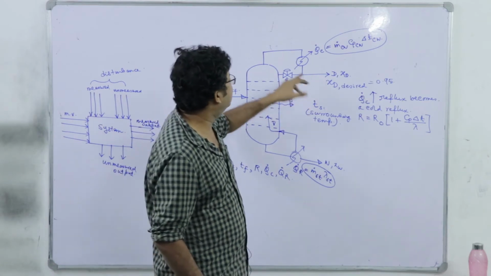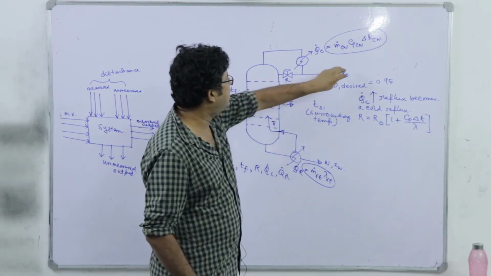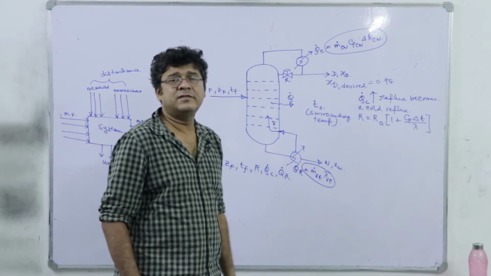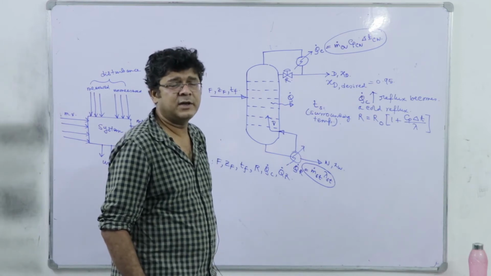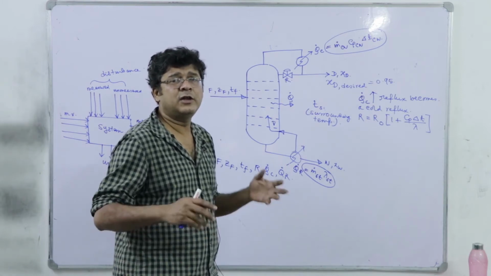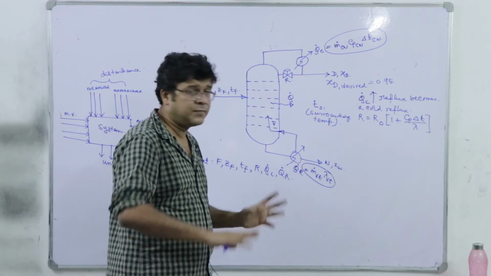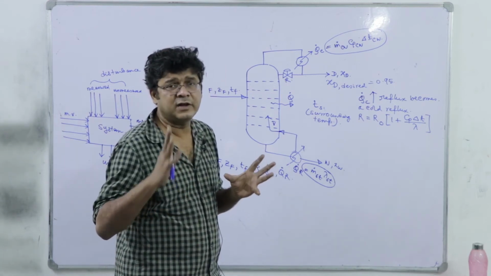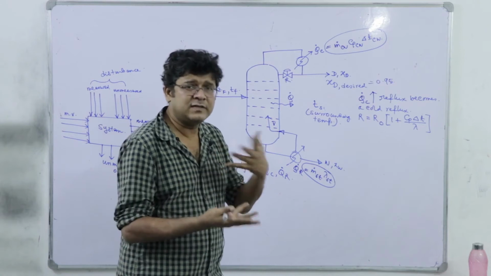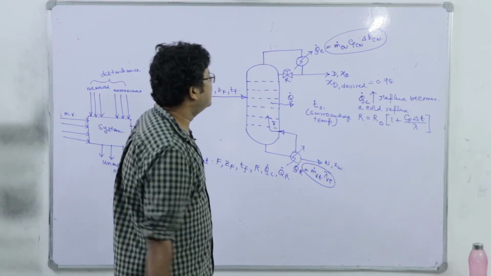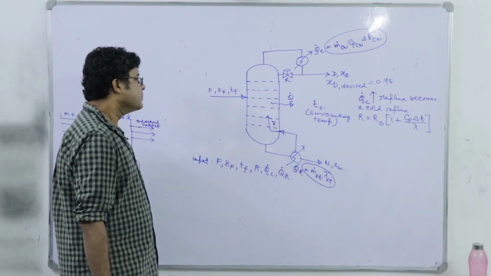Like I can say that if I increase the reflux ratio, definitely the xd is going to increase, right, because the product purity we know will be maximum under total reflux. So, from this consideration and understanding, using certain analogy we can answer the problem of simulation.